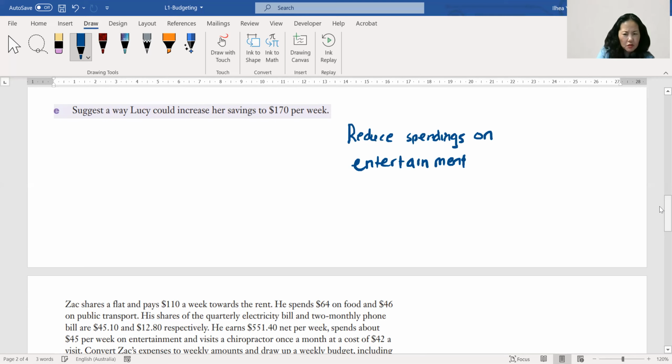I wouldn't reduce anything on the car loan because it's a fixed repayment, so it's a bit hard to reduce that one. Maybe sharing a place with someone so that she could split the rent, or reduce some food grocery shopping, something like that. Yep. So that's something that you could think about.